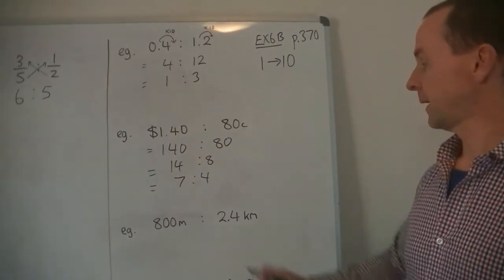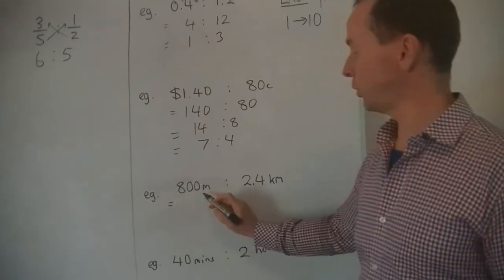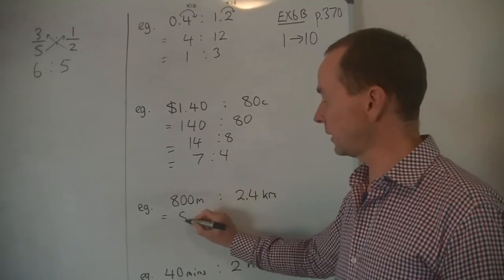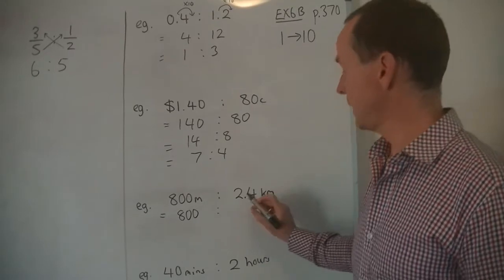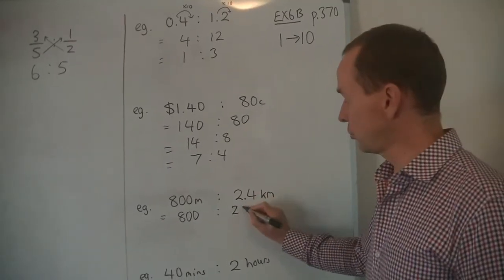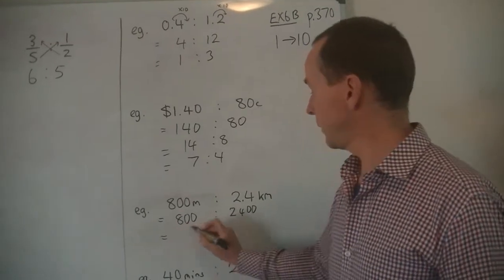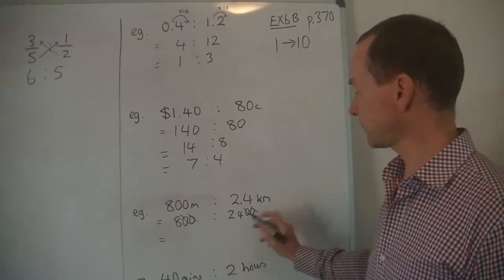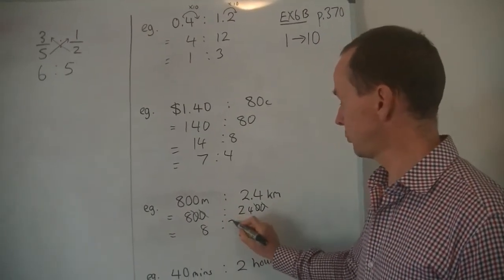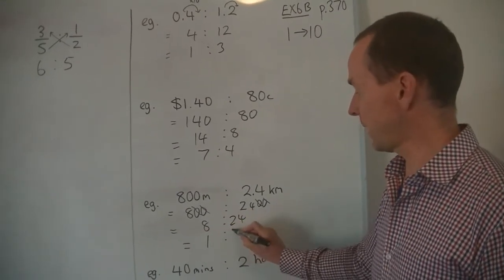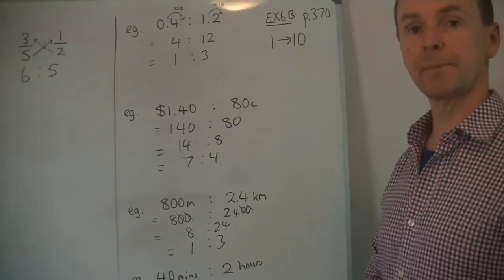Good job. Next one. They're not in the same units, they're in meters and kilometers. So you have to know how to convert. I'm going to leave this one as 800 meters, and this one in meters is 2,400 meters. Excellent. Now we can chop 2 zeros off. So we get 8 to 24, and 8 goes into both. 3 8s are 24, so it's 1 to 3.